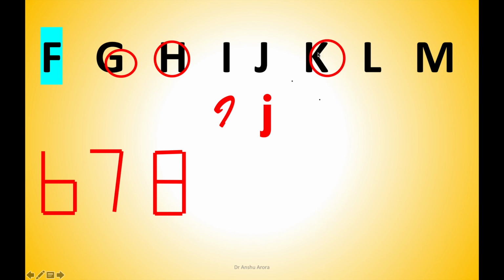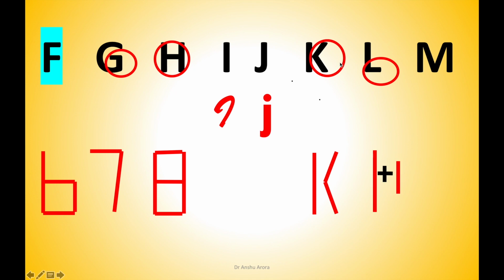All we have to do is straighten this bar and it becomes an 11. This is L. What do we do with this? All we have to do is add these 2 bars, 1 bar, 2 bar, and this becomes 1 plus 2, 12.